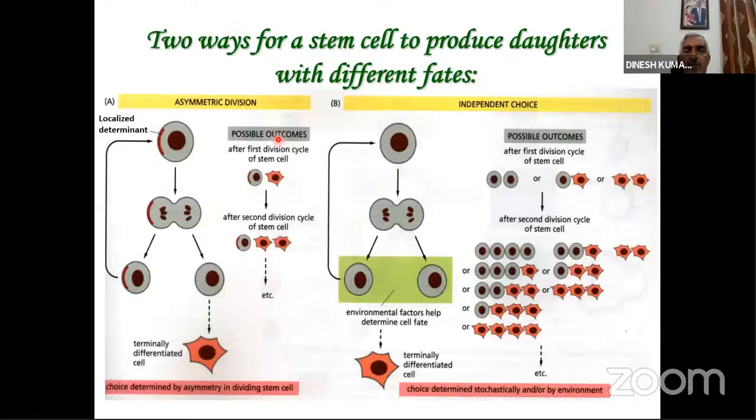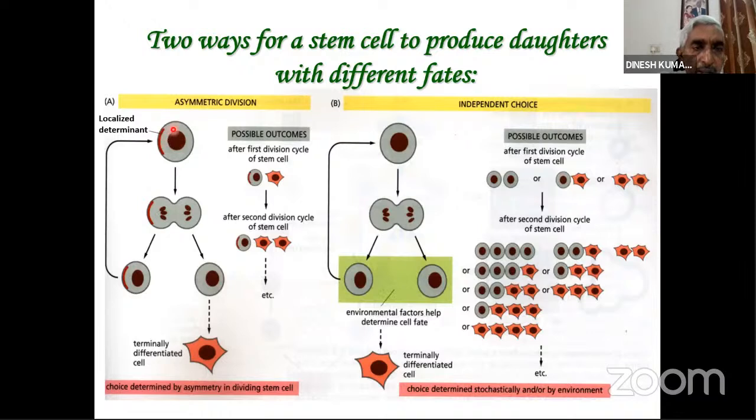So now the answer is that there are two possibilities: asymmetric division and independent choice division. In asymmetric division, as I have already told you, in the embryonic stage, there are certain local determinants which work in the differentiation and diversification of cells in the body.